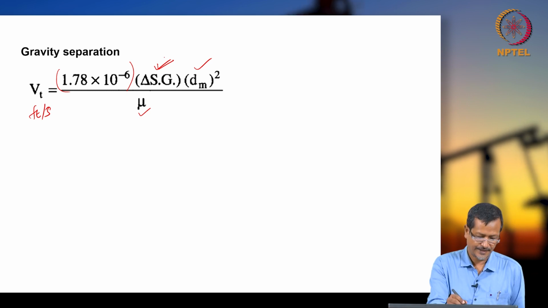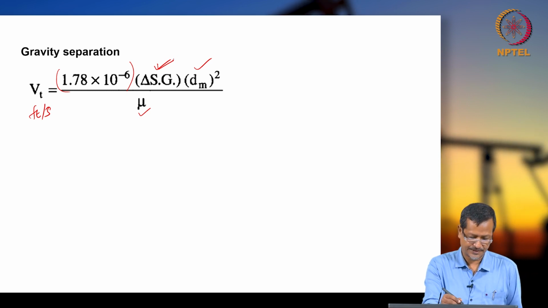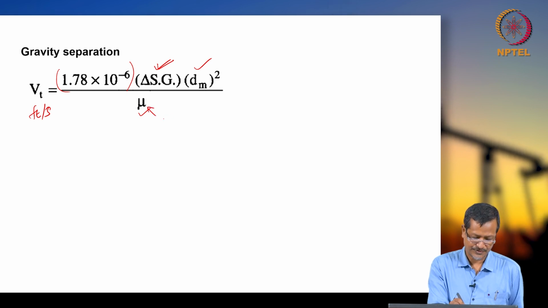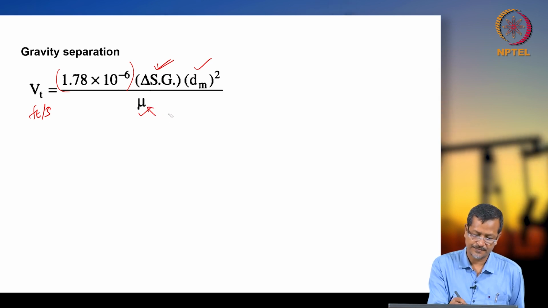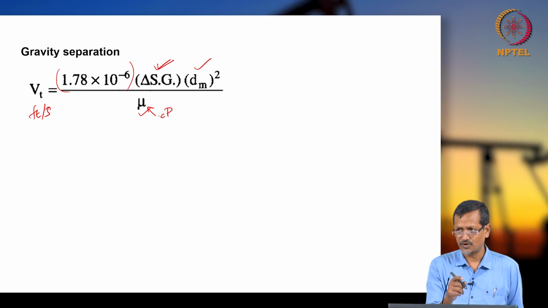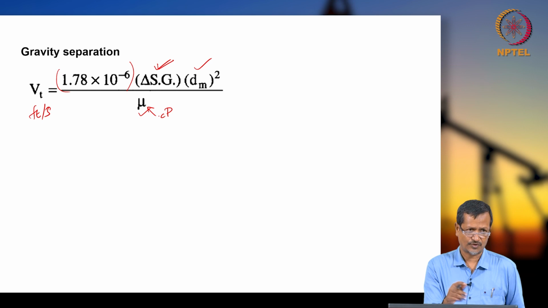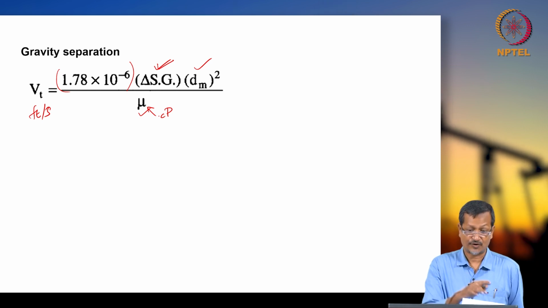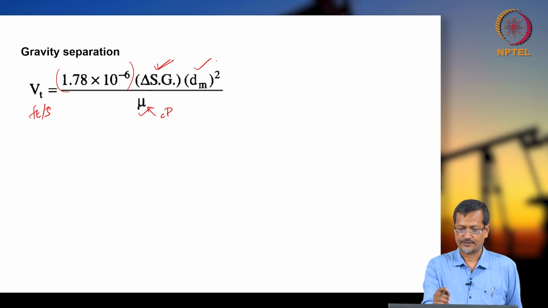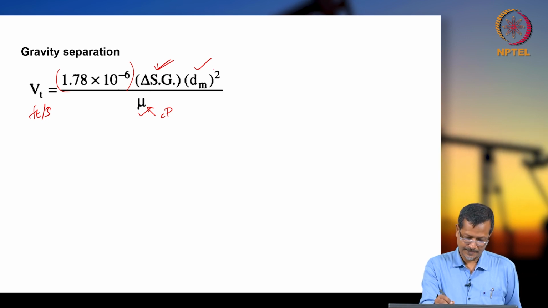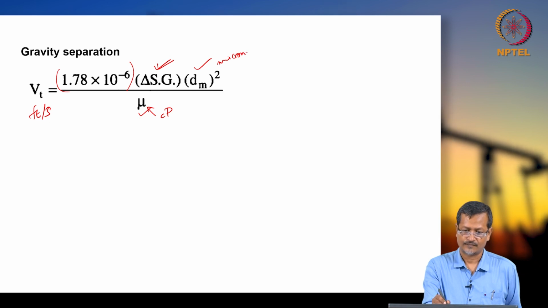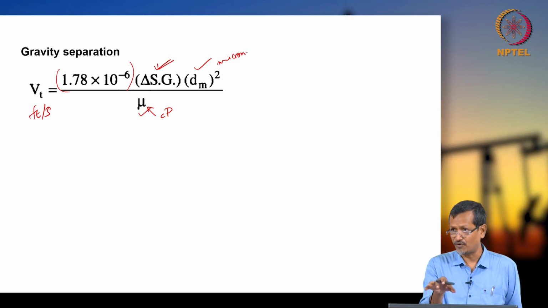Del SG means specific gravity relative to water. Mu is viscosity in cP, small c capital P, centipoise; remember, not both small or both capital, or the opposite. Dm is particle diameter, and the unit will be micron. If I give a different unit, you have to convert.